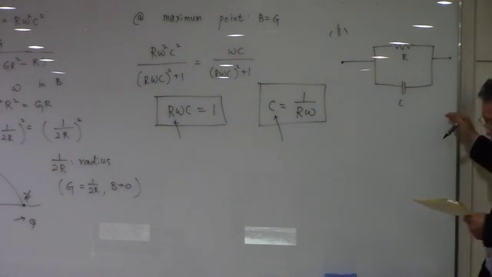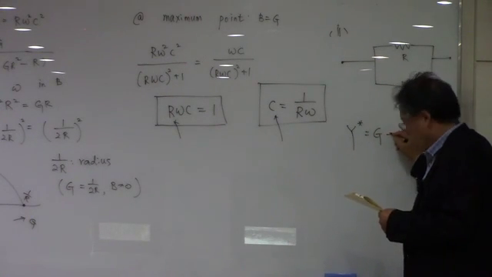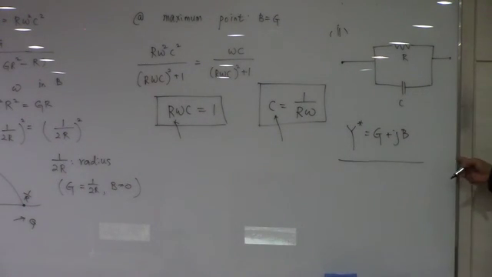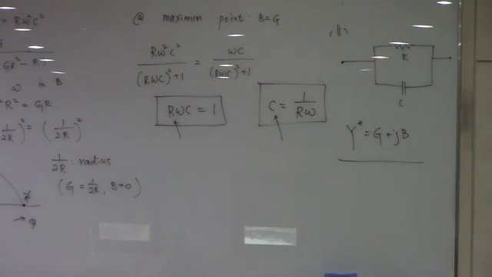And in this case, in parallel, the admittance now is going to be the sum of each component. And we continue the analysis of the second case next week on Monday. All right.